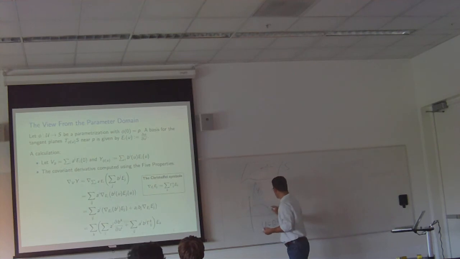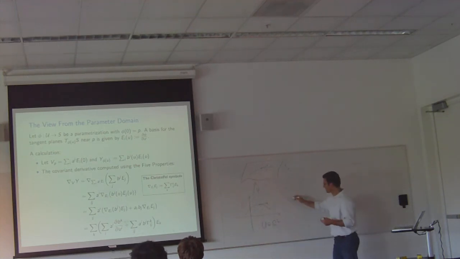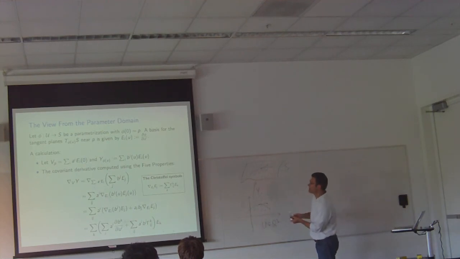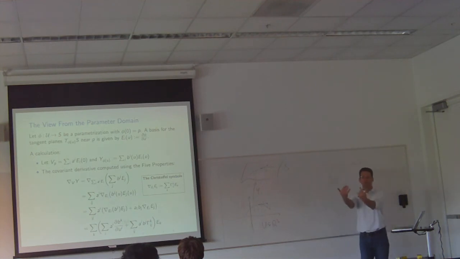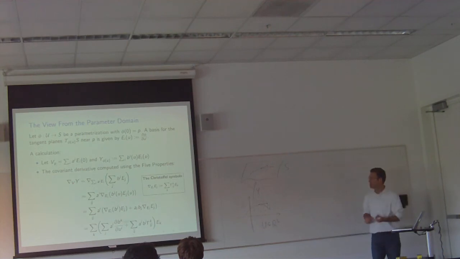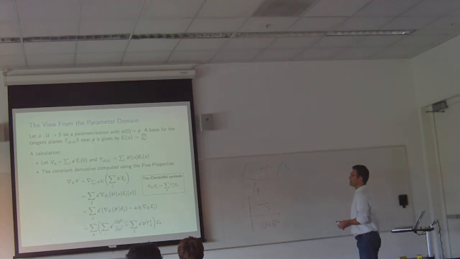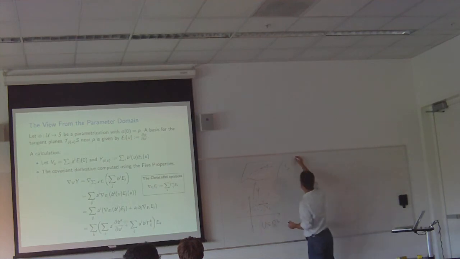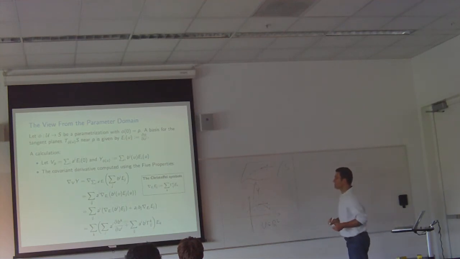You have your curve in the parameter domain, your vector, and a vector field along it, non-constant, changing. You have the vector field Y and the vector V, expressed in the parameter domain, pulled back. Let's do the calculation and follow our noses.